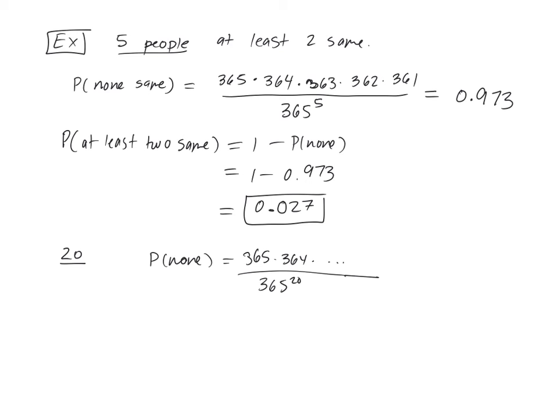The last number we had there was 361, so 1 more than that would be 346. Does that make sense? Which comes out to be actually quite high, 0.587. So once you get 20 people, the chances that they share goes up quite a bit. 1 minus that number comes to be quite high.